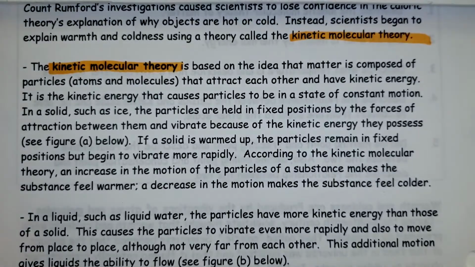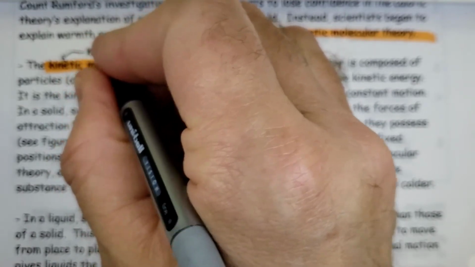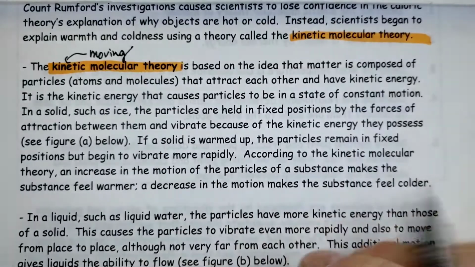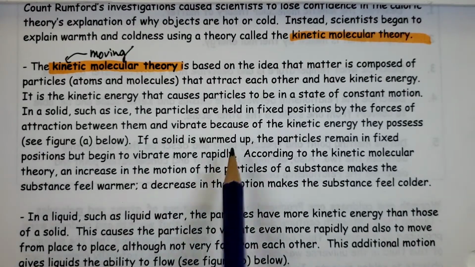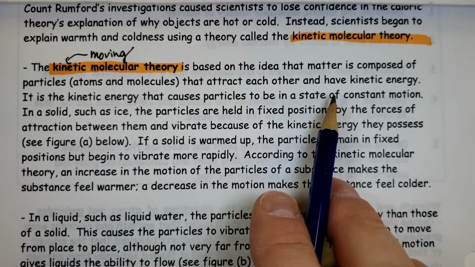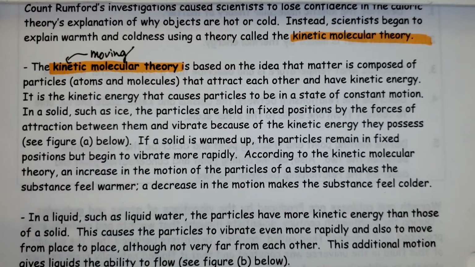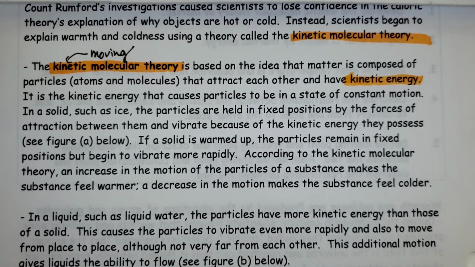And of course, the word kinetic means moving, kinesthetics, body movements, etc. So you can think of it as the moving molecule theory. It's based on the idea that matter is composed of particles, i.e. atoms and molecules, that attract each other and have kinetic energy. And of course, kinetic again means moving.